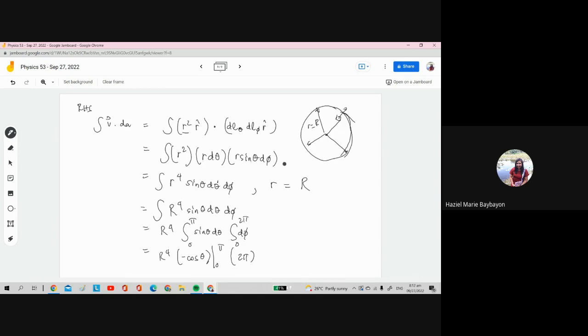This is the same as before: negative cosine pi minus negative cosine 0. So evaluating this, we will get 2. So you have r to the fourth multiplied by 2 multiplied by 2 pi, which is 4 pi r to the fourth. So this is the right-hand side of the equation.